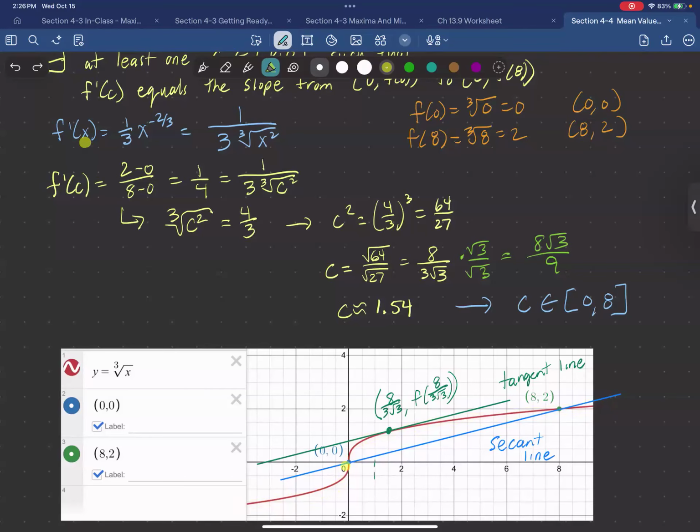And this line here is the secant line from 0, 0 to 8, 2. And I literally found, when I made the line, I moved the blue line out of the way and I made a green line from 0, 0 to 8, 2, and I dragged it and moved it up there. And that's right at about 1.54. We can see it's tangent there. So they have the same slope. I didn't make the equation for the tangent line. I just know it's there.